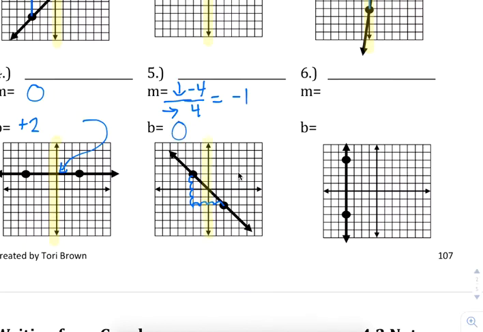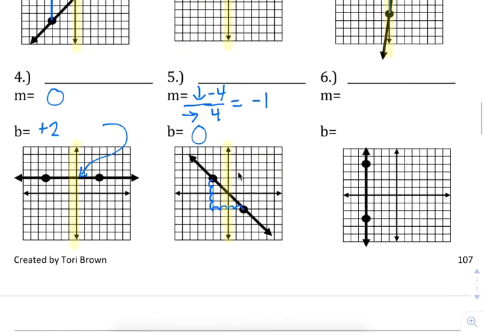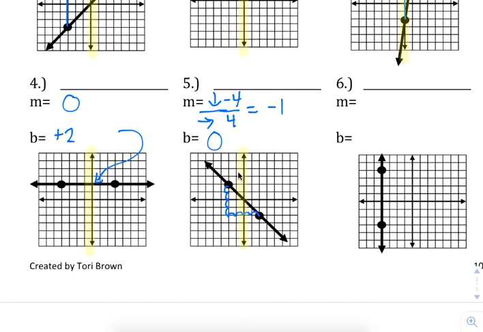Okay, put your pencil down for just a second. Don't write these down. Number 4, if we plugged in everything, would say 0x plus 2. Number 5, if we plugged in everything, would say negative 1x plus 0. I want to make it clear one more time. We don't put zeros in equations. So we're going to take out this 0, and we're going to take out 0 x's.